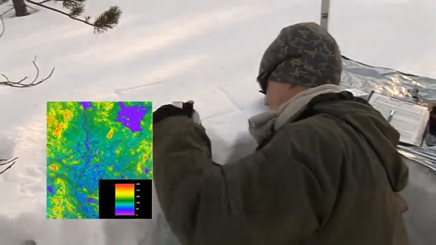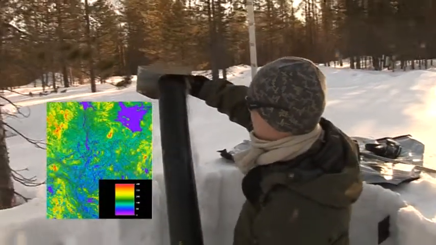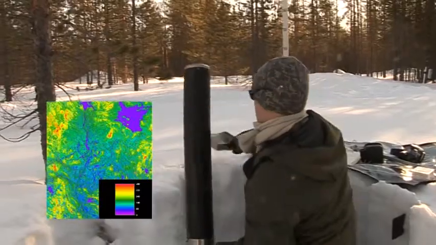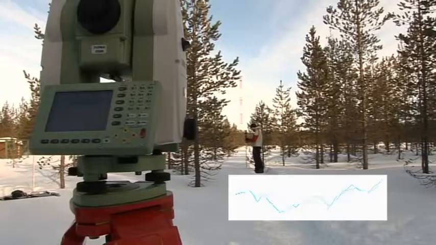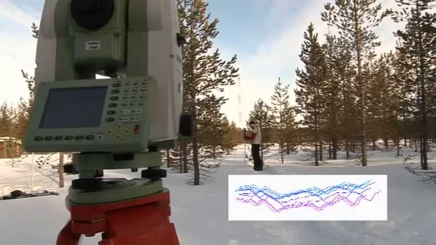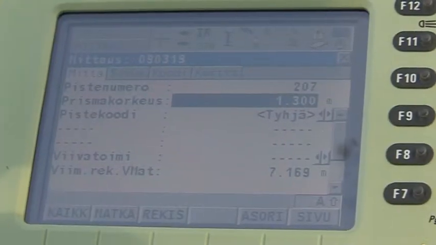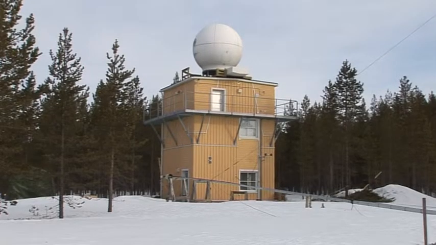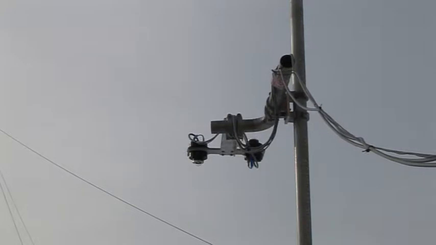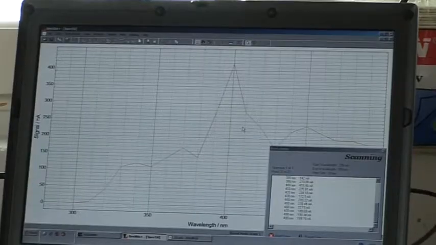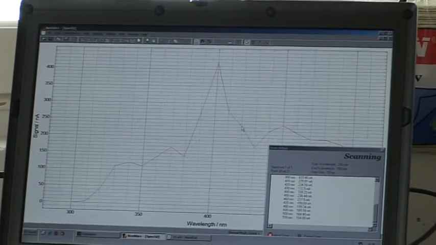One objective of the Snortex campaign is to develop a proper description for the reflection properties of boreal forest, which is very important for the climate and climate change. One of the main problems for the climate change issue today is what happens to the boreal forest zone.